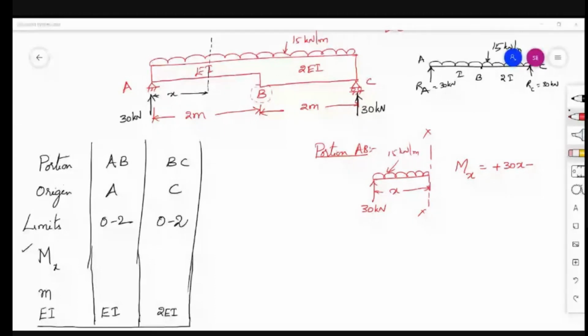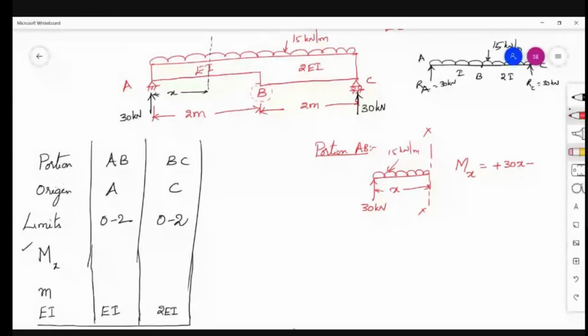So that is the answer. Write the same thing: 30x minus 15 by 2, which is 7.5, so 30x minus 7.5 x square.